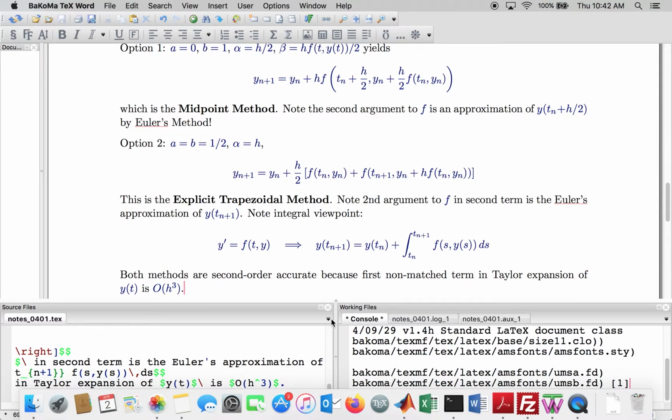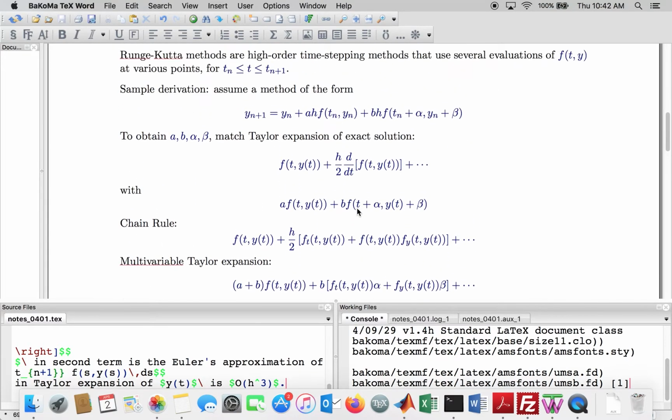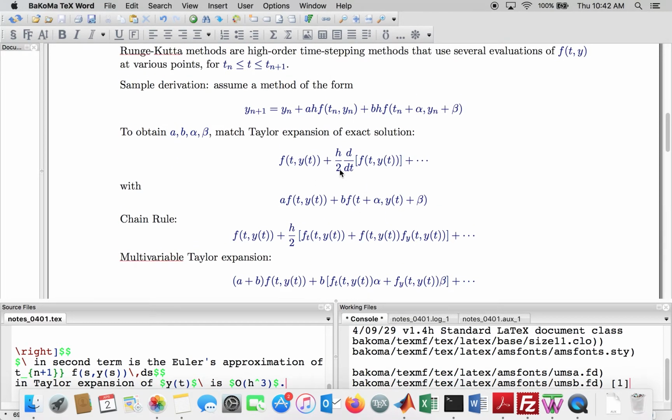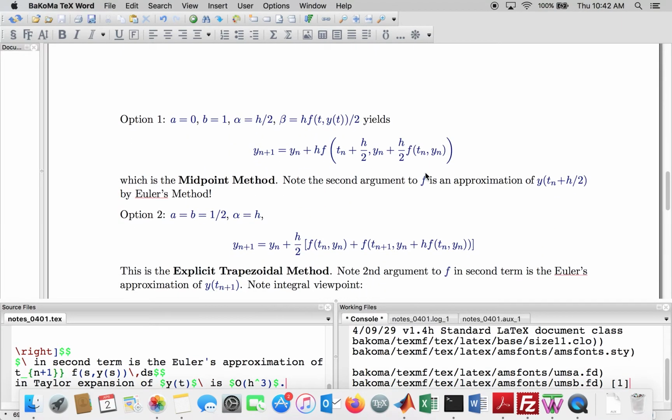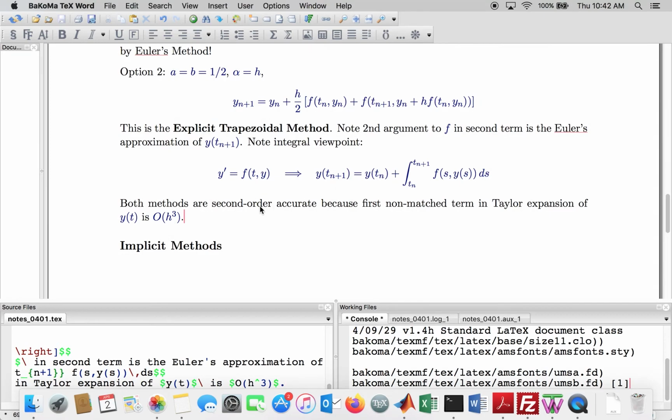Now that we actually matched from a Taylor expansion of the exact solution, this term that comes from y double prime, which was order h squared in the original Taylor expansion, note I dropped some terms and divided by h, and the first term we didn't include in the Taylor expansion was order h cubed. So that's why we get one extra degree of accuracy by taking this approach.